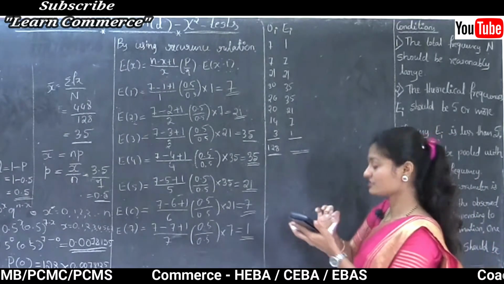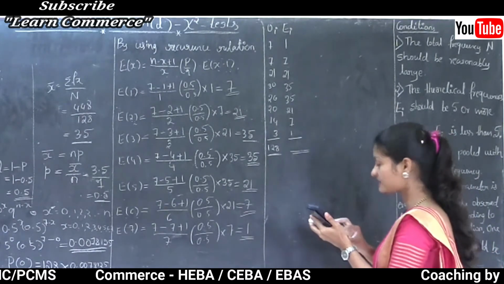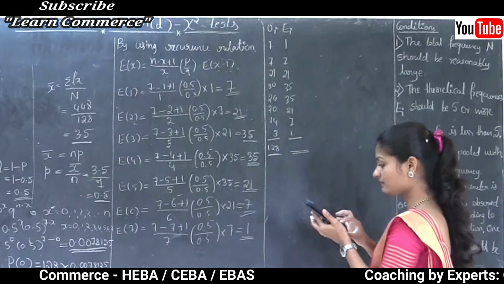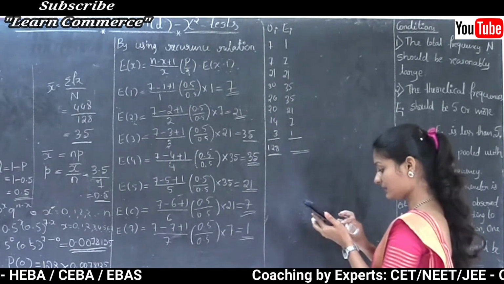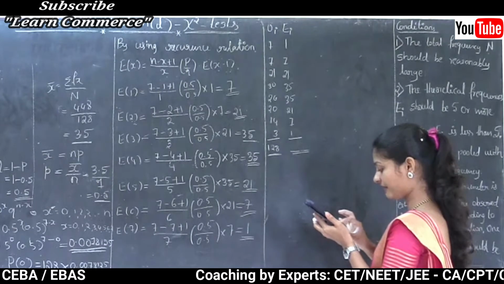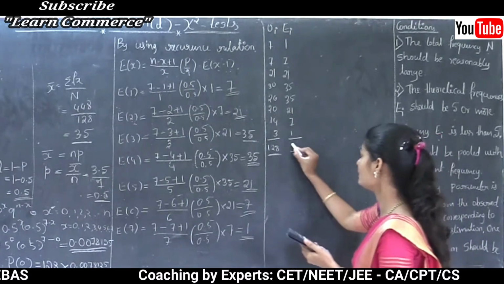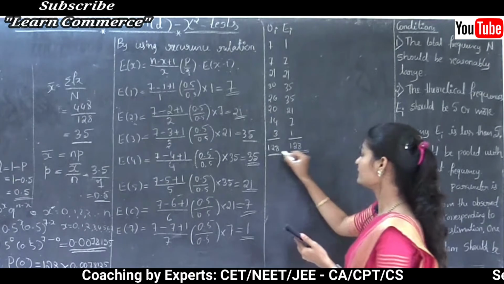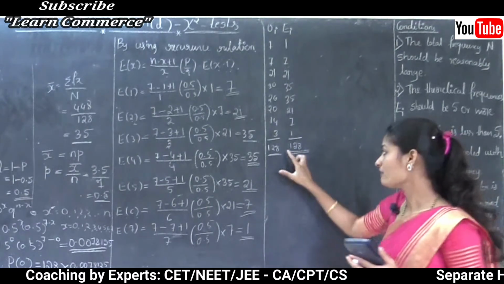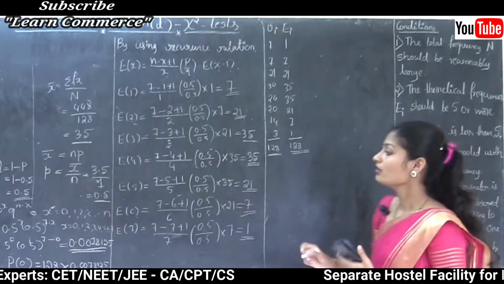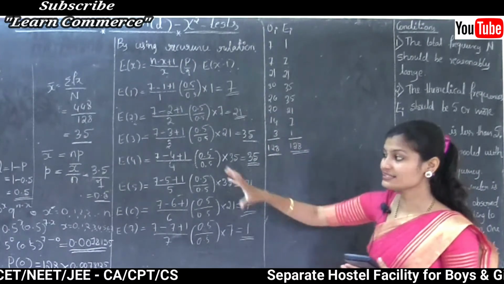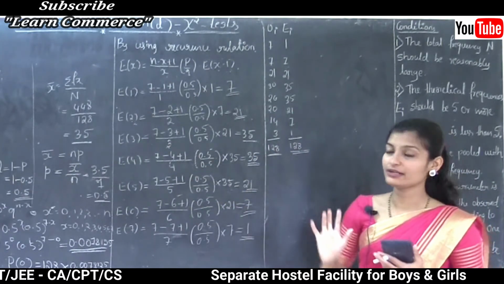Okay, now I will just cross check, that is 1 plus 7 plus 21 plus 35 plus 35 plus 21 plus 7 plus 1. So this value also is 128. See here we got same value, so our procedure is correct. Okay, next. These are the steps of fit binomial distribution.